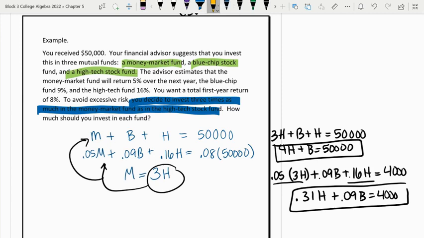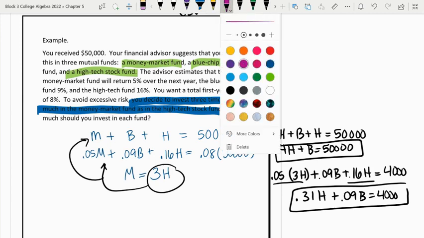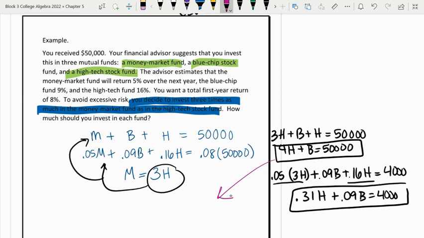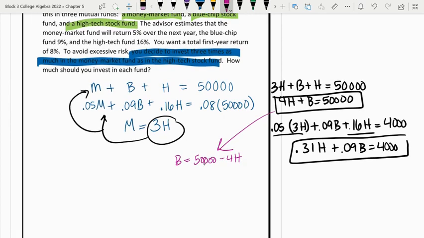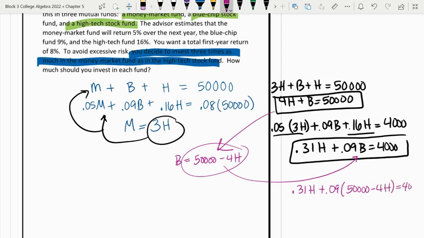Another way to solve this, let's take this equation here and solve it for b. So we could say b is 50,000 minus 4h. We could substitute that in for this b, which means I get 0.31h plus 0.09 times b, now 50,000 minus 4h, equals 4,000, and solve it.